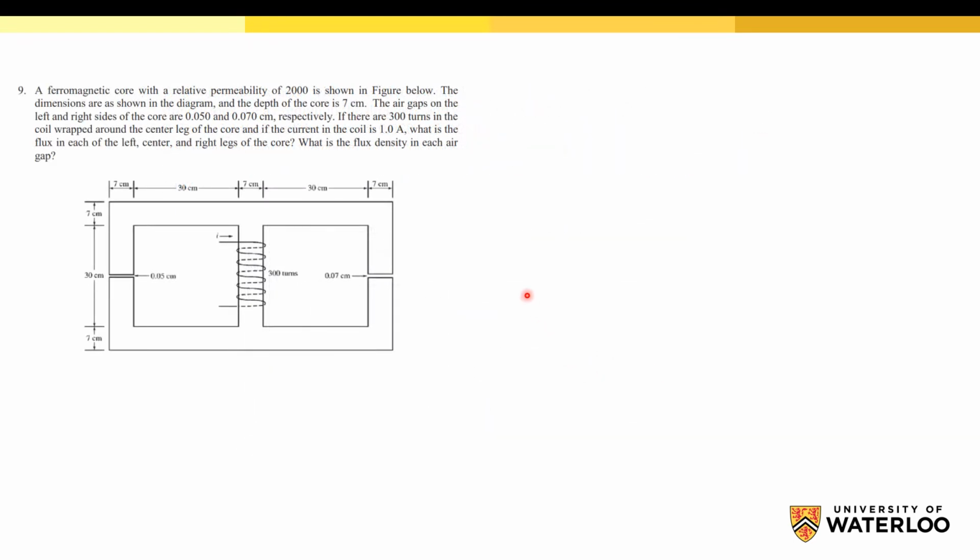So we'll start by drawing the equivalent circuit. We have a coil here in the center leg. So we have a source and we have a reluctance for the center and a reluctance for the right core and a reluctance for the right air gap. Also, we have a reluctance for the left core and a reluctance for the left air gap.